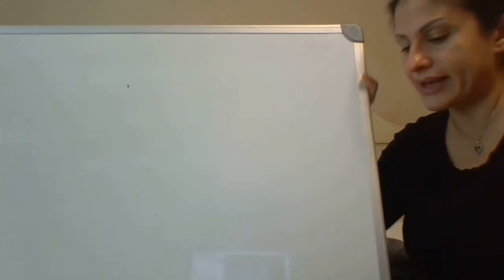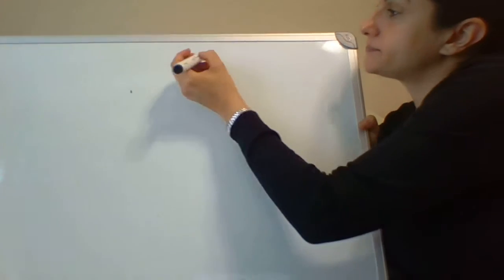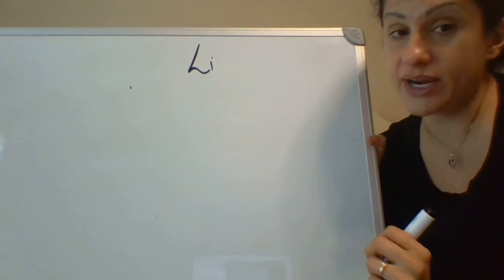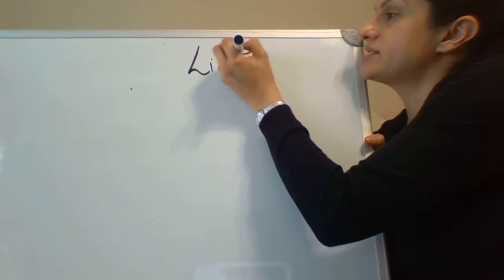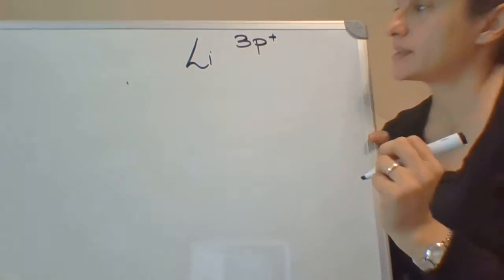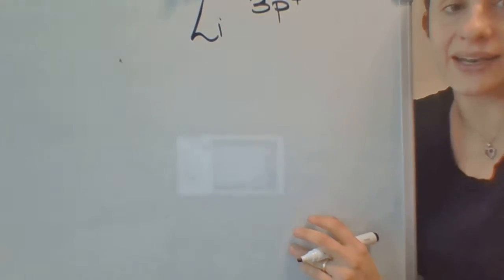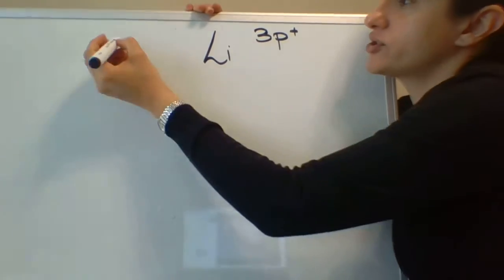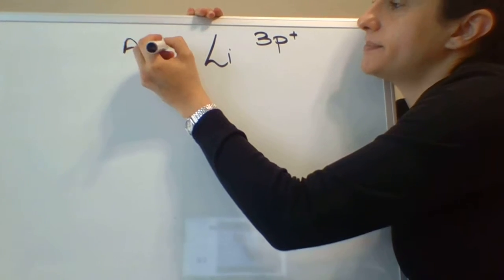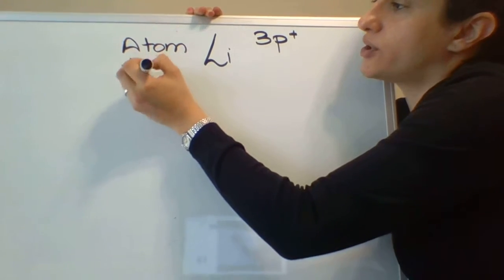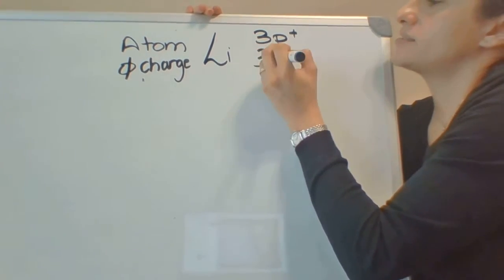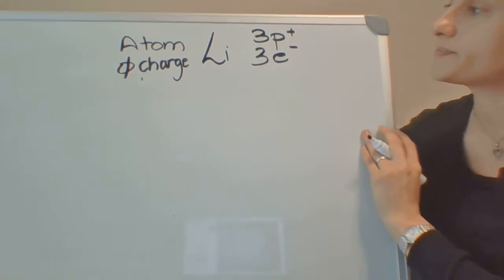one of our wonderful metals. Lithium has an atomic number of 3, which means it has 3 protons. Remember, all atoms in the periodic table have a 0 charge. So the lithium atom has a 0 charge, which means it also has 3 electrons.